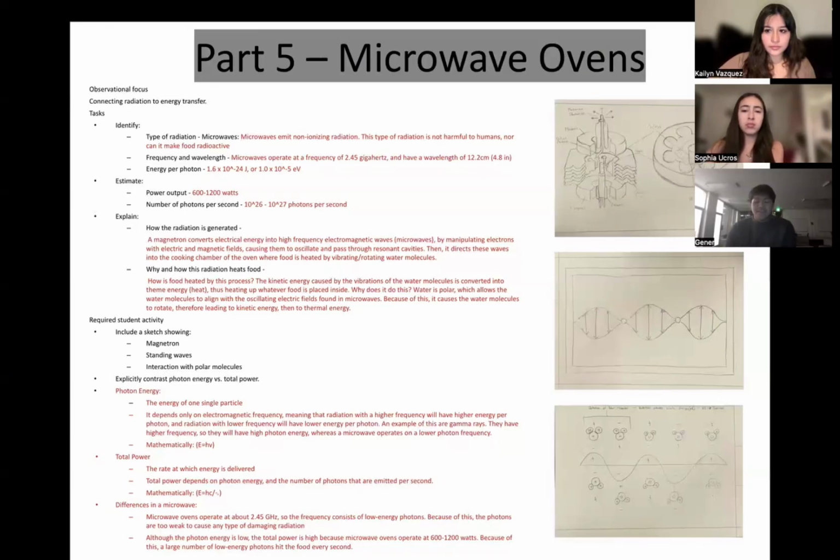Because microwaves have a relatively low frequency compared to visible light or X-rays, each microwave photon has a very low energy, about 1.2 micro electron volts. This low photon energy explains why microwaves cannot cause chemical or nuclear damage. Instead, their effect comes from how many photons are delivered, not how energetic each individual photon is.